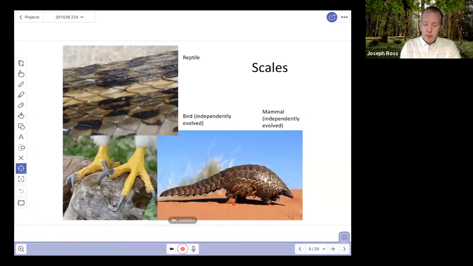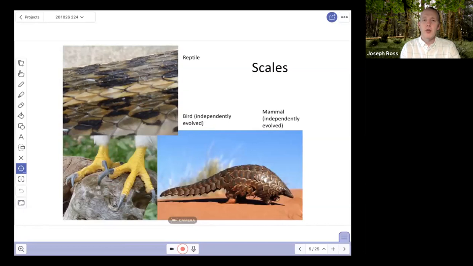There's one mammal, the pangolin, that independently evolved scale production. So on the outside of its skin, it produces scales, and then bird feet tend to be scaled. So while we think of birds mostly as being feathered, they do also have scales, and birds also independently evolved that same beta keratin structure that helps them produce scales.